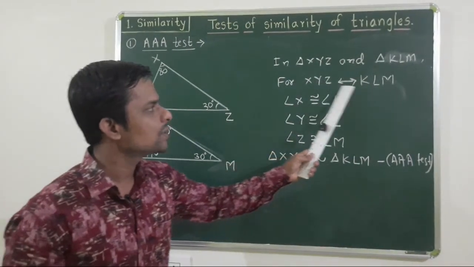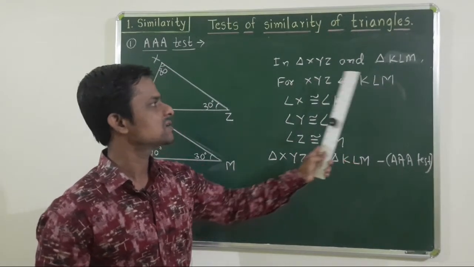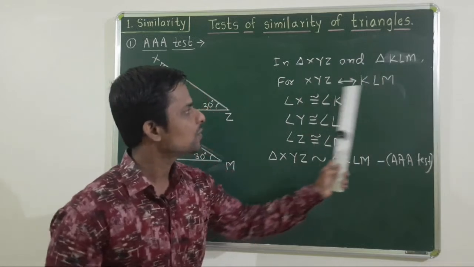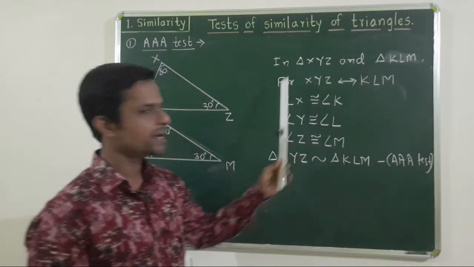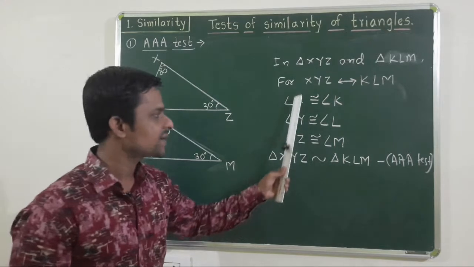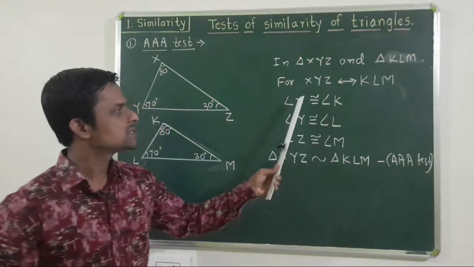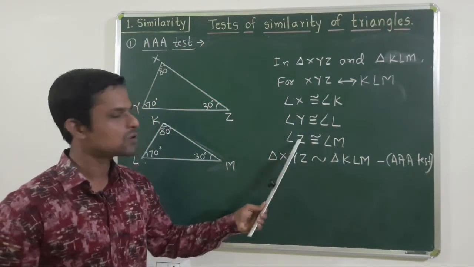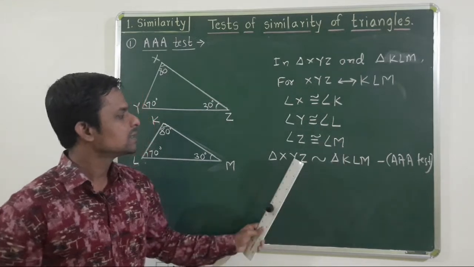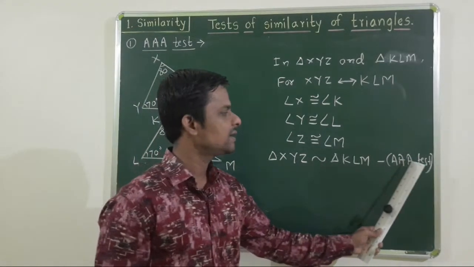For a given one-to-one correspondence between vertices of two triangles, one-to-one means X corresponds to K, Y corresponds to L, Z corresponds to M, if all three angles of one triangle are congruent with the corresponding three angles of the other triangle, then the two triangles are said to be similar by the AAA test.